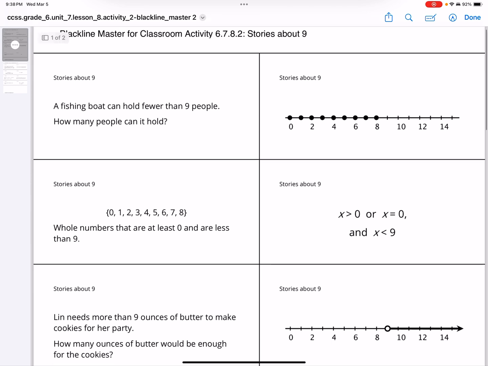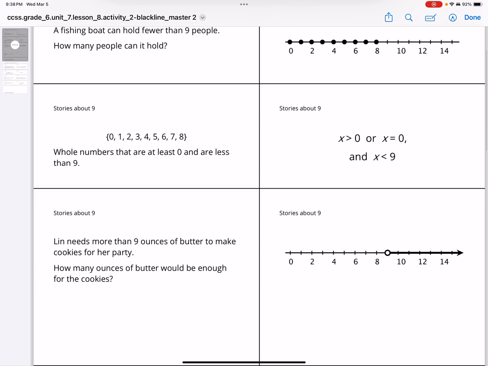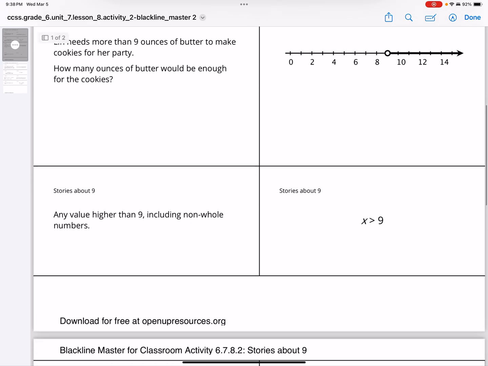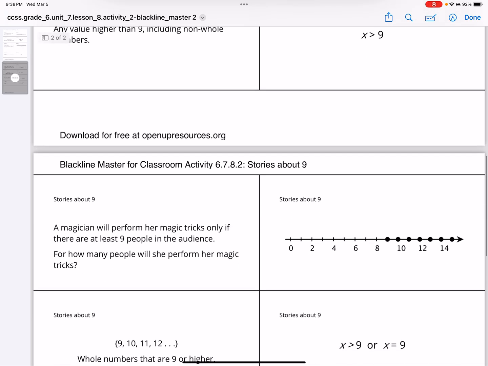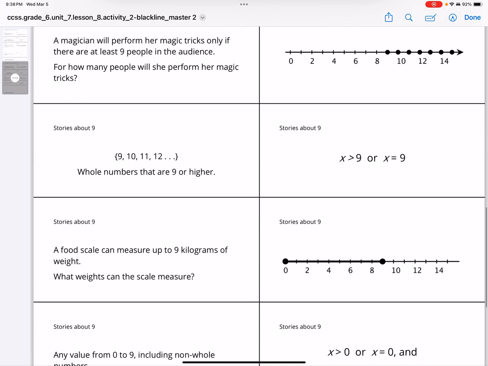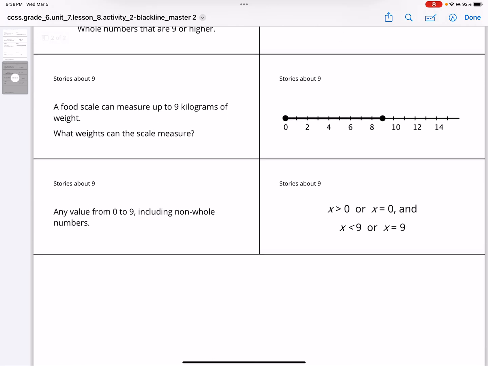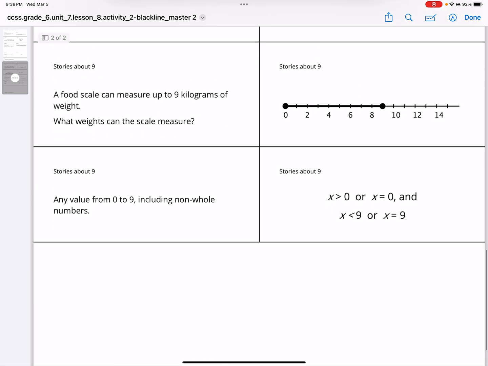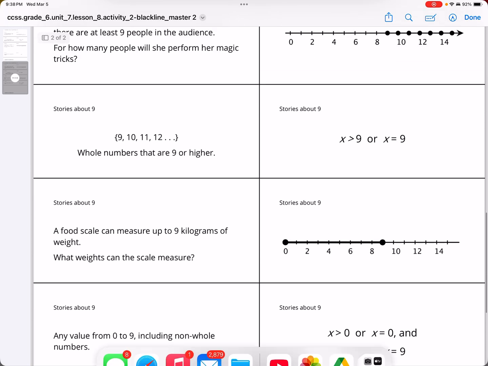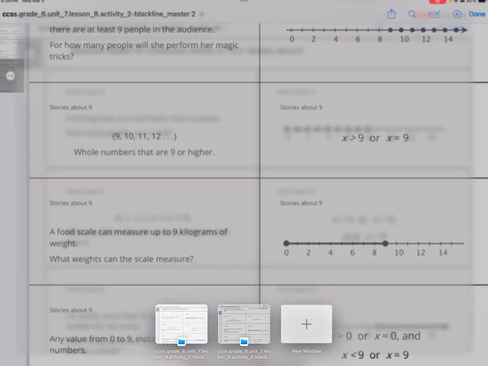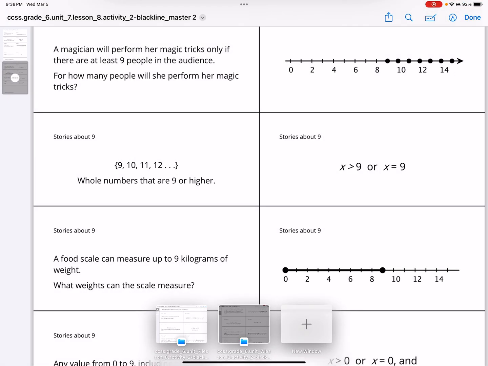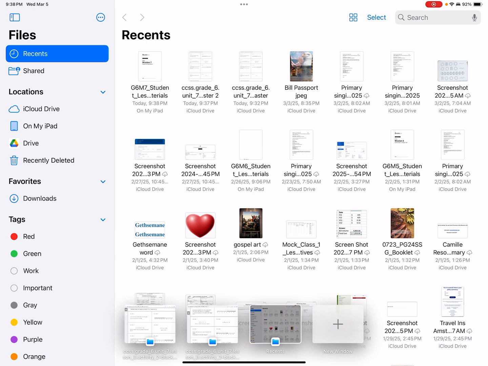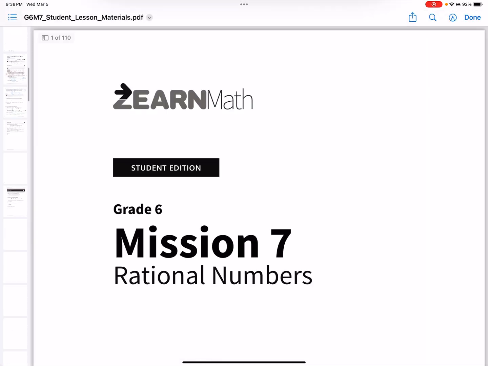I'm going to scroll one more time. You can pause it and look. Okay, so now we're going back. Well, let's open that back up. I don't know where that went. All right.